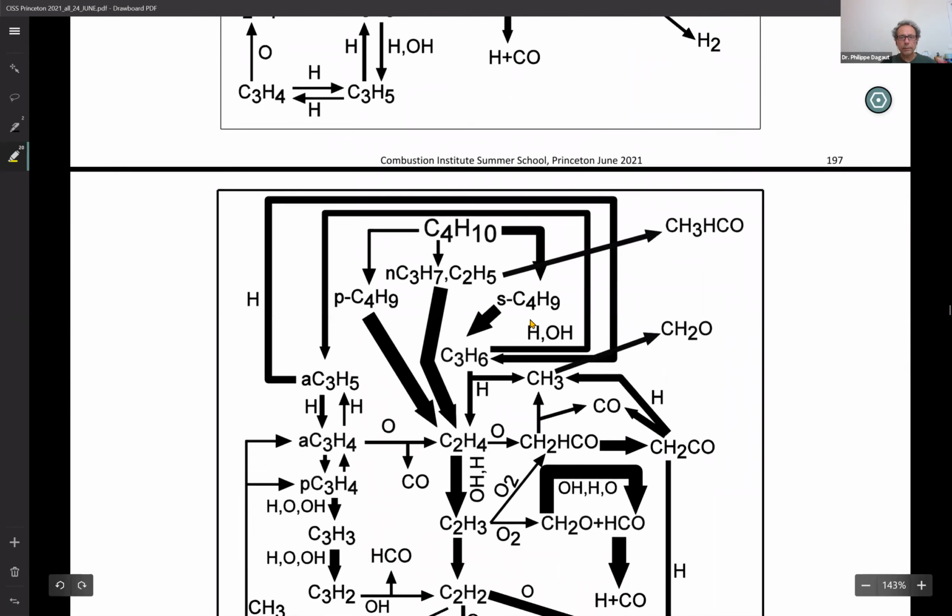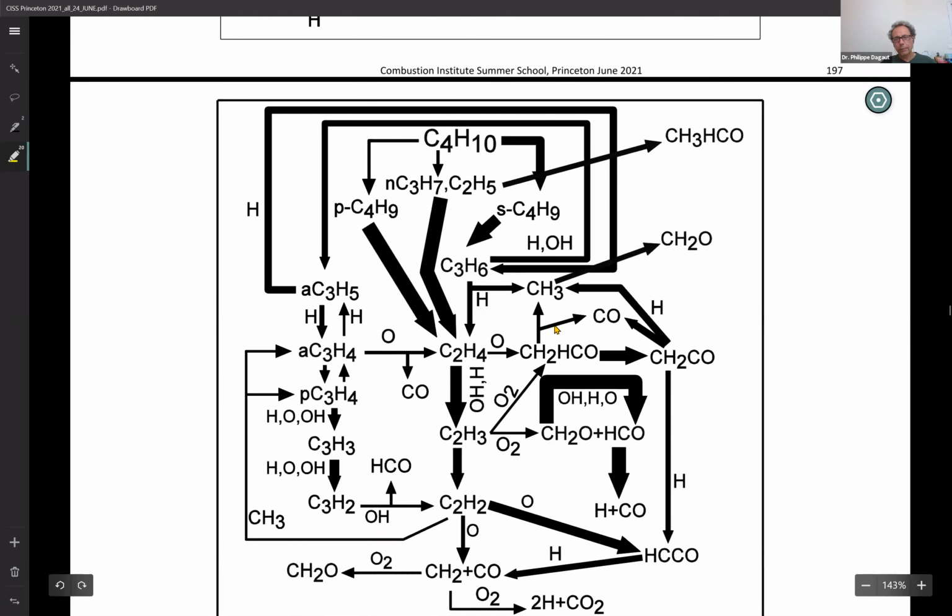So now we go back to a reactant which is further from HCCO. If we consider normal butane, it will be oxidized and produce different radicals.